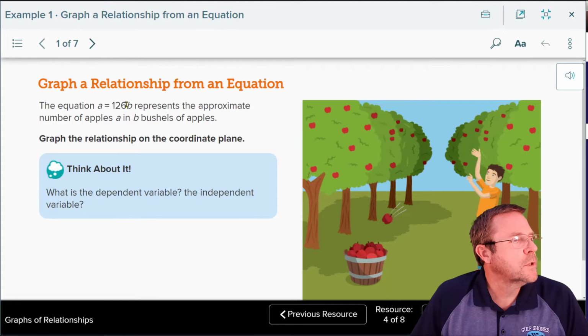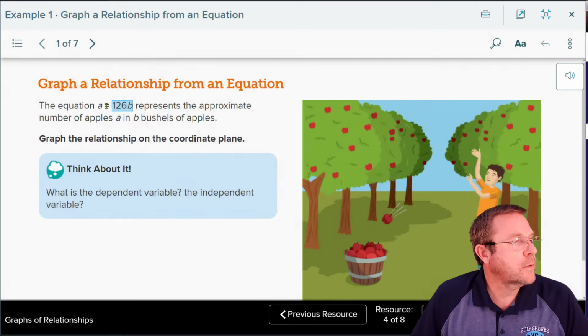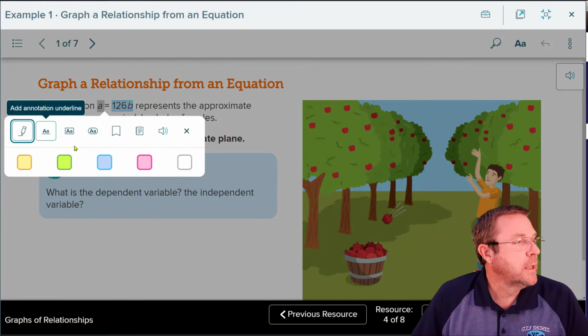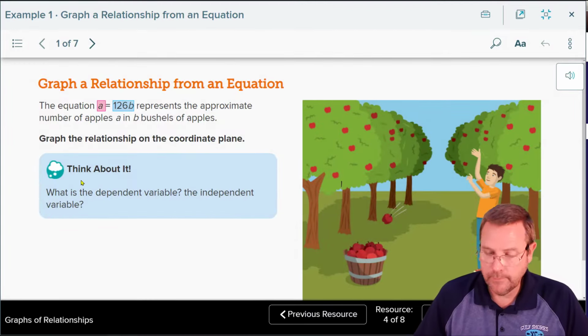Your bushels are going to be your independent variable, and your apples are going to be your dependent variable, because you're multiplying the bushels B times your number of apples that are in the bushel, which is 126, and that is going to give you your output, which is A, the number of apples that are totally collected.